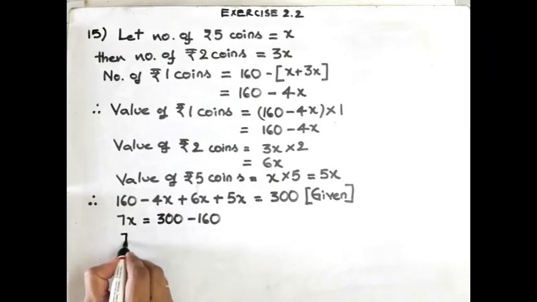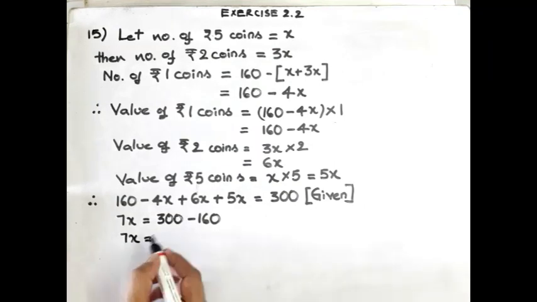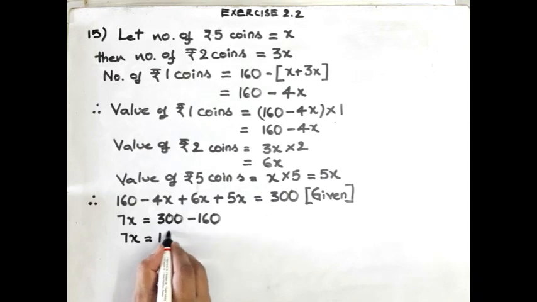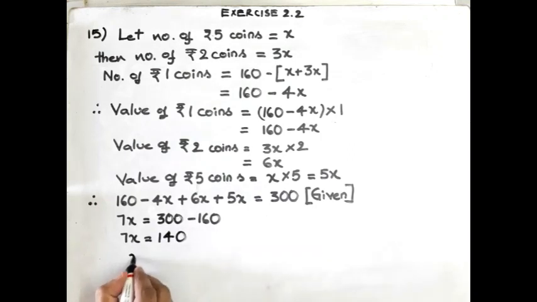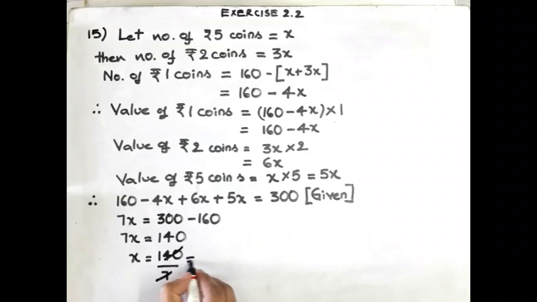So 7x is equal to 300 minus 160 is 140. Okay, I want only the value of x, hence x is equal to 140 by 7, that is equal to 20. Okay, we got the value of x as 20. Now let us conclude the answer.